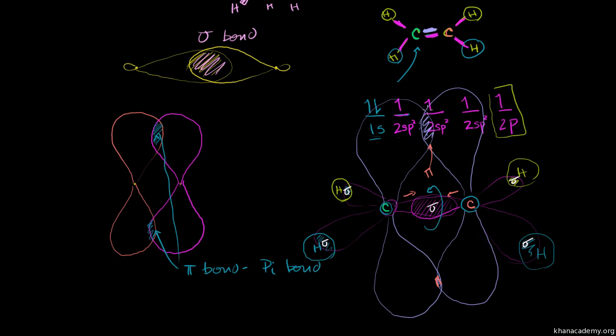So what this pi bond does is it means that the double bonds are going to be rigid. You can't have one side flipping, swapping these two hydrogens, without the other one having to flip with it. So you wouldn't be able to swap configurations of the hydrogens relative to the other side. That's what it causes. So hopefully that gives you a good understanding of the difference between sigma and pi bonds.